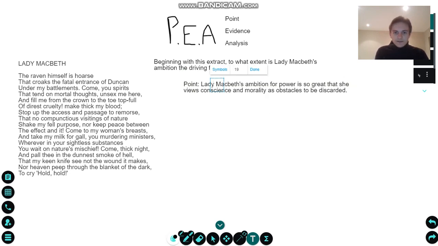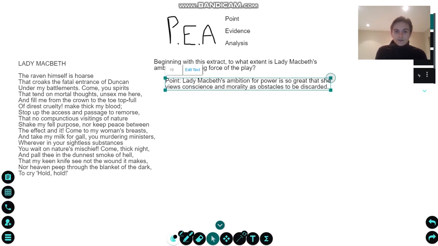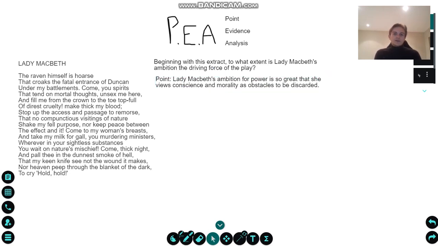Okay, and that really is all we need for our point. It's short, to the point, and it gets the point across. We know what the purpose of this paragraph is.